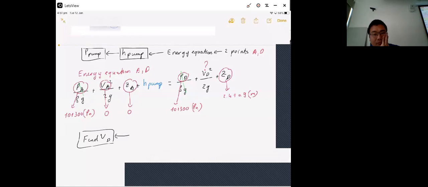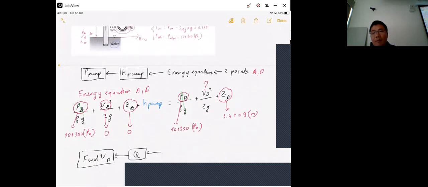We need to find the flow rate, Q. How to find Q?